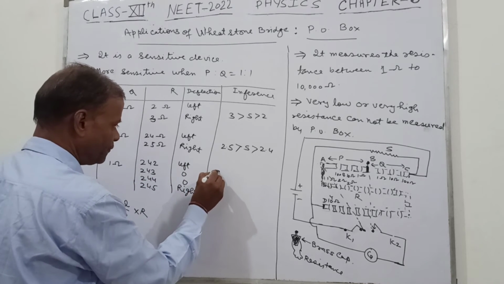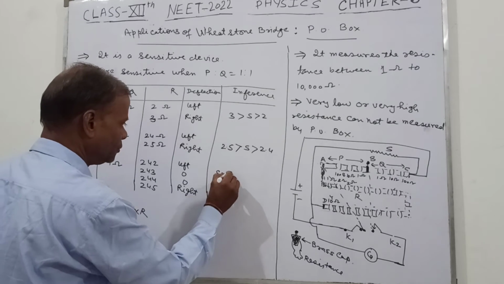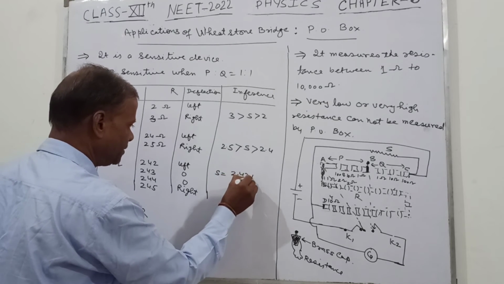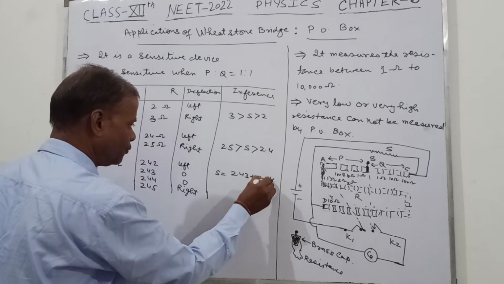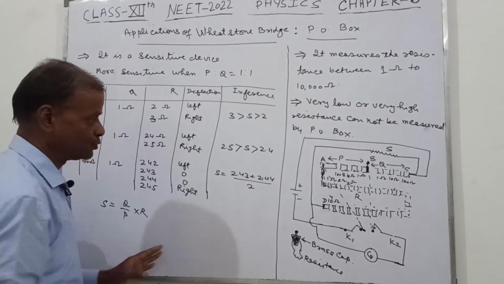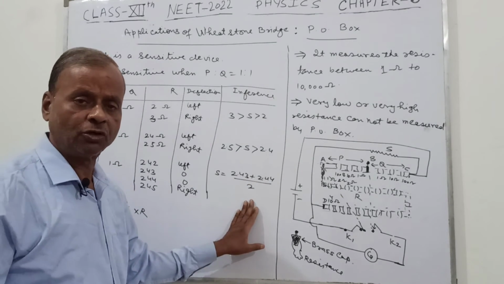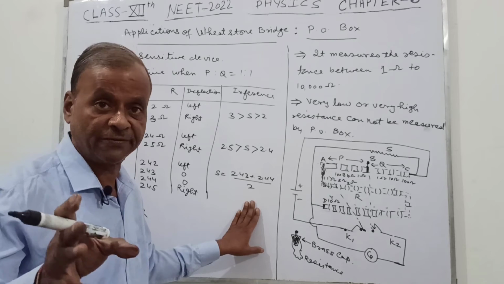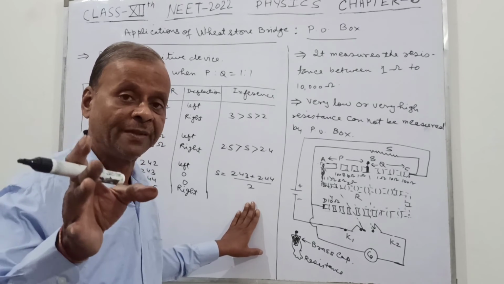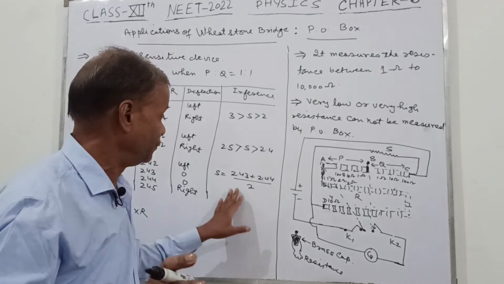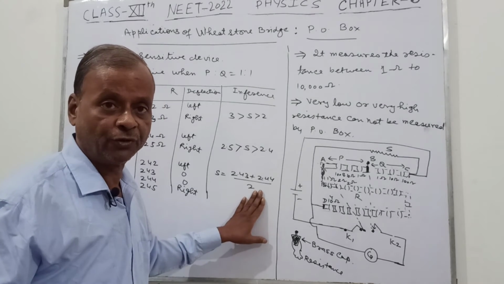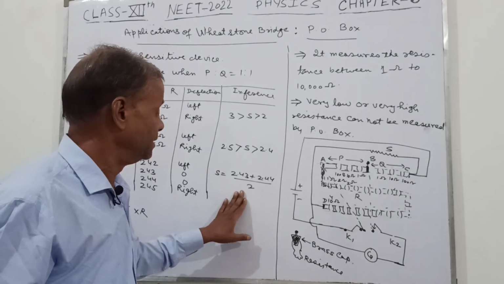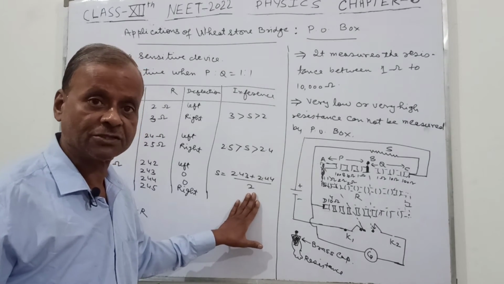So this value of S is equal to 2.43 plus 2.44 upon 2. So if we have 2 or more than 2 resistances for which the deflection in the galvanometer is 0, then in that case we take the average of those for which the deflection is 0. Then this will be the resistance.